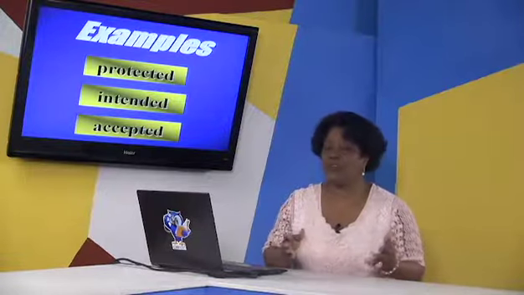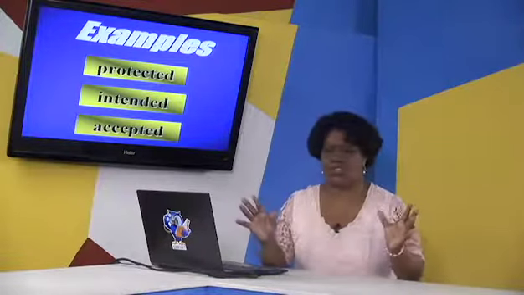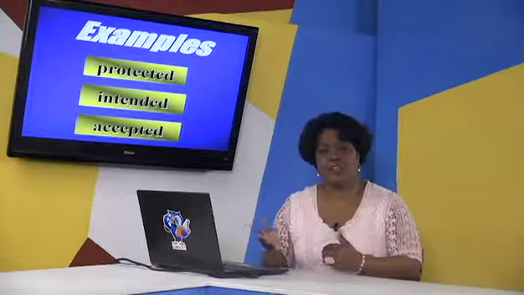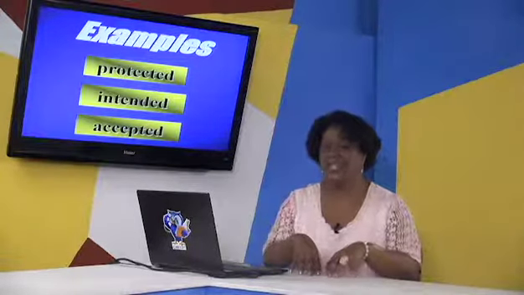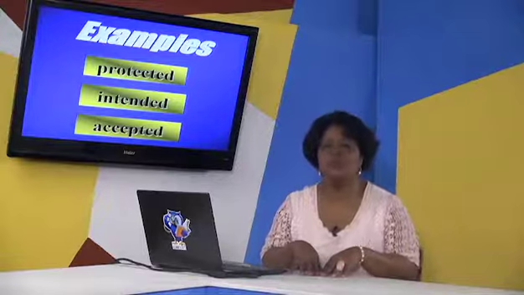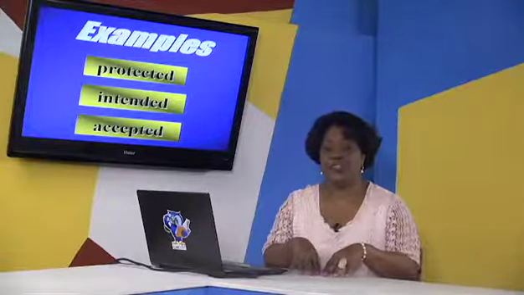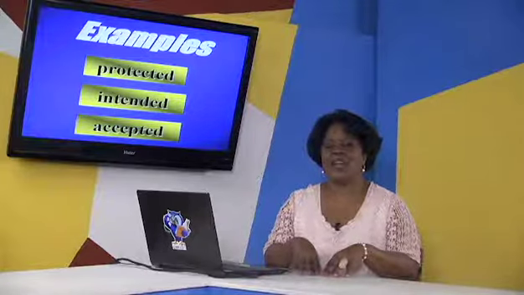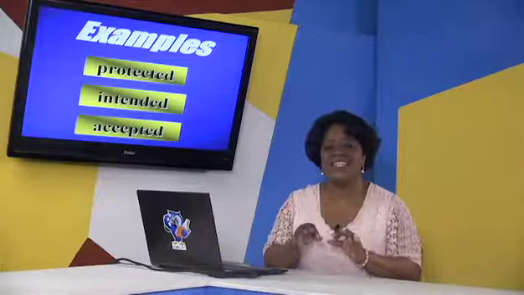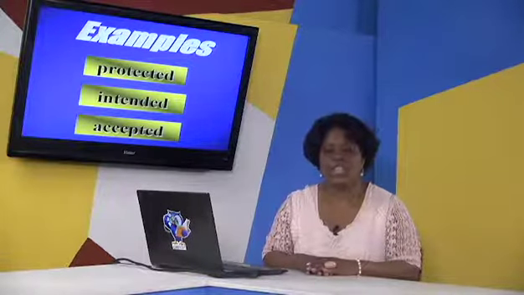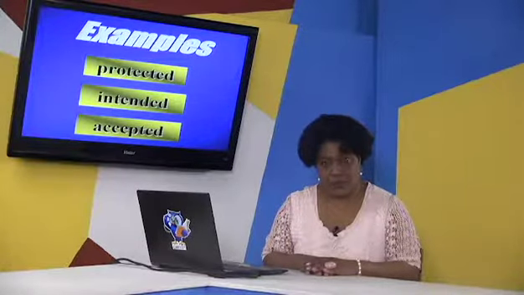And of course, as in all languages, we have regular and irregular verbs. The lesson today is devoted to regular verbs. The verbs that we add ed to, as we say.